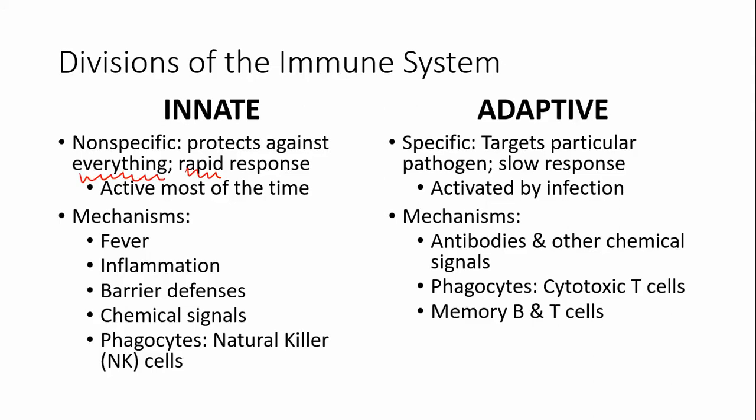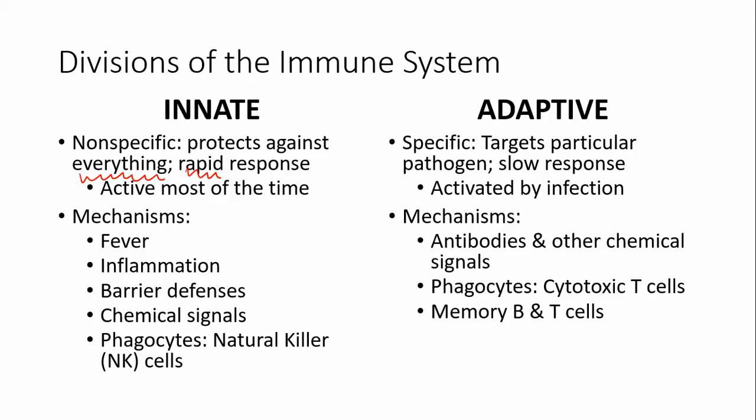It is constantly active. And some of your basic mechanisms are fever, raising your body temperature, inflammation, which includes swelling and redness, barrier defenses. There are chemical signals that work in the innate immune system, and then there are phagocytes, in this case, natural killer cells.